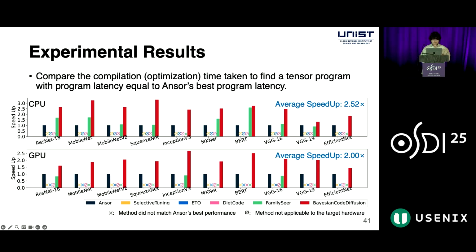We use Ansor as the baseline, and we normalize each value to 1. In this figure, the X mark indicates that the method did not achieve the same performance as Ansor's fastest, and a circle with a slash indicates that the method is not applicable to the target hardware. On average, Bayesian code diffusion speeds up compilation time by 2.52 times on CPU and 2 times on GPU.